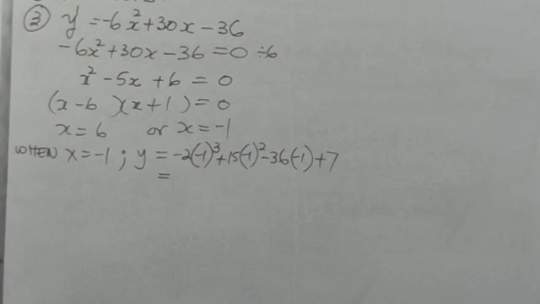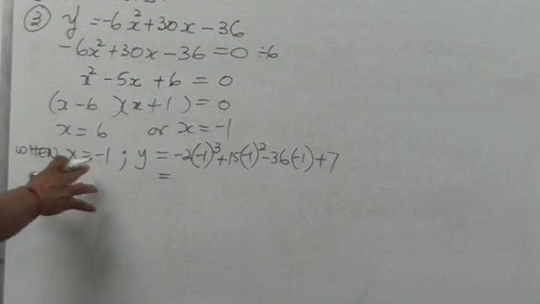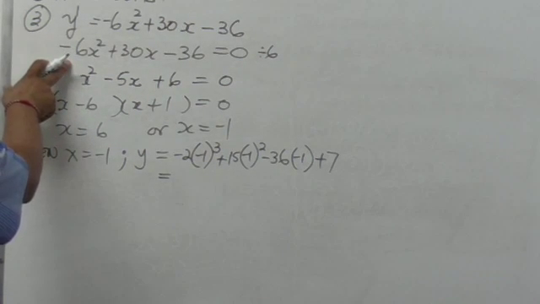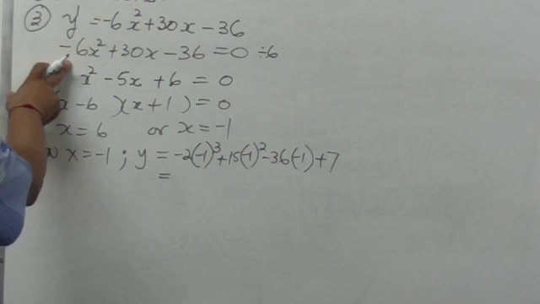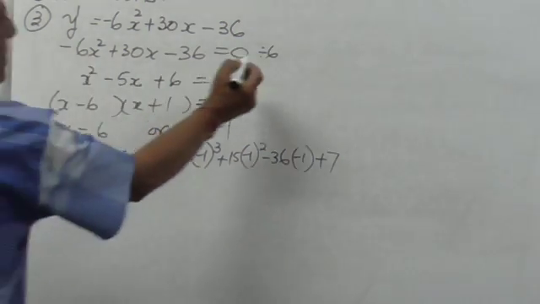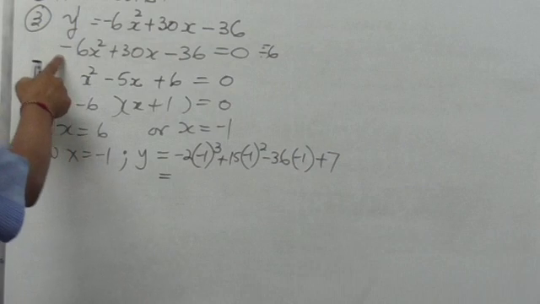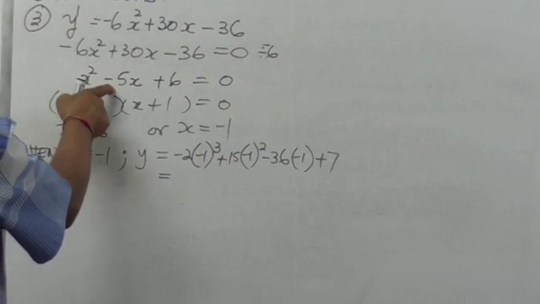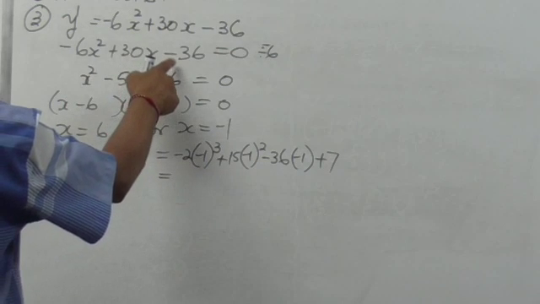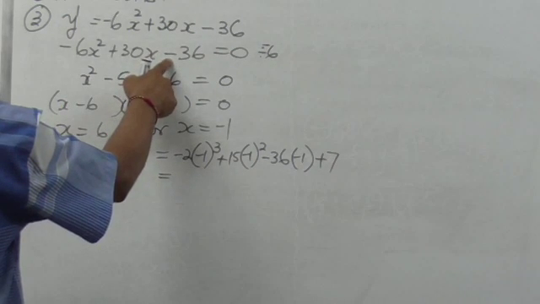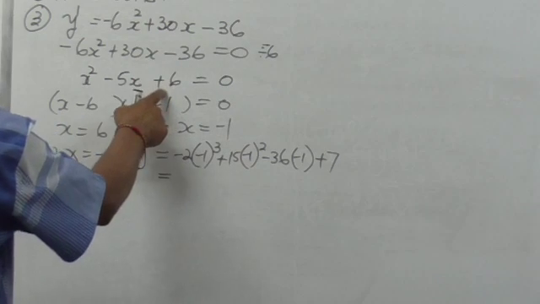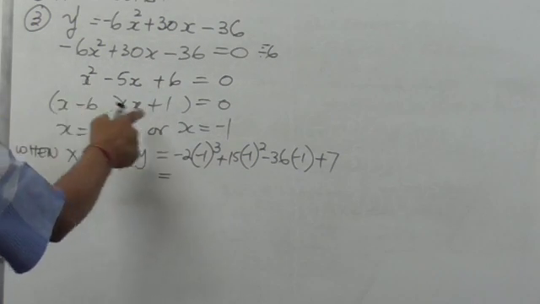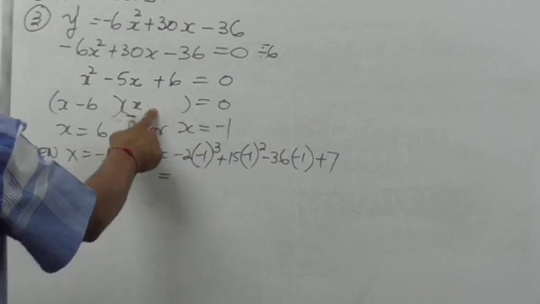Let's go back here. If I divide negative 6x squared plus 30x minus 36 equal to 0 by negative 6, that will give you x squared, negative 5x, and plus 6.